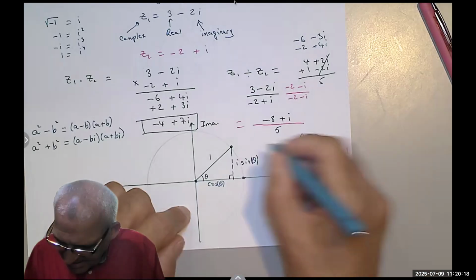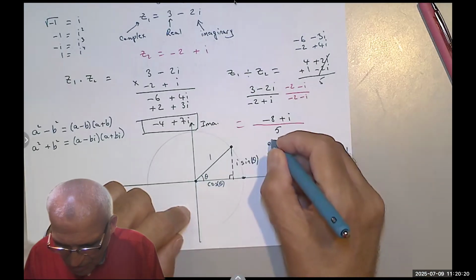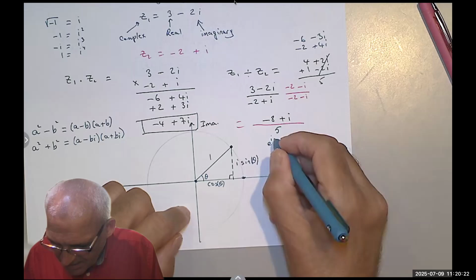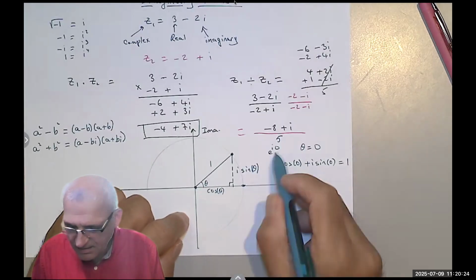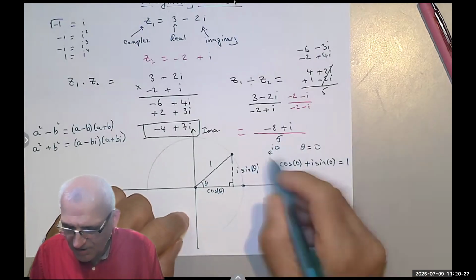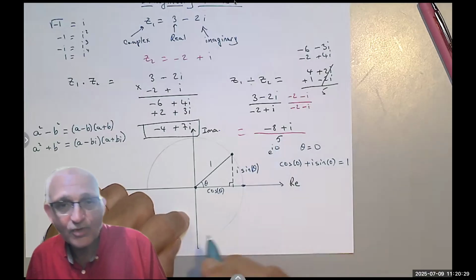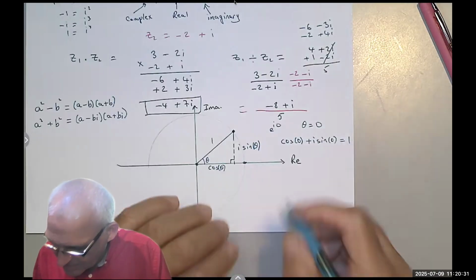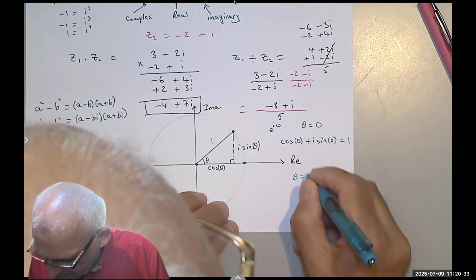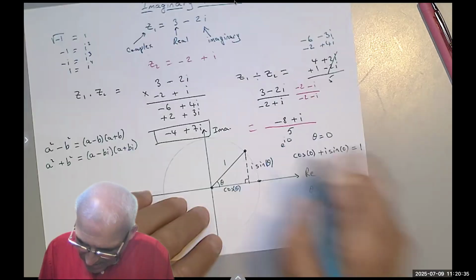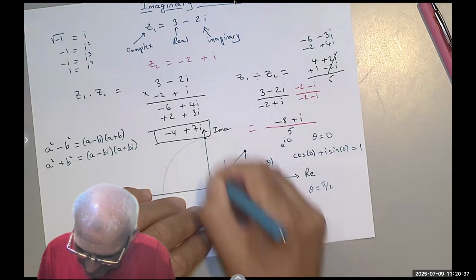And what is e to the i 0? Well, anything 0 times i is 0 and e to the 0 is 1. So we know this is correct. Now let's say theta equals pi over 2, meaning this line.